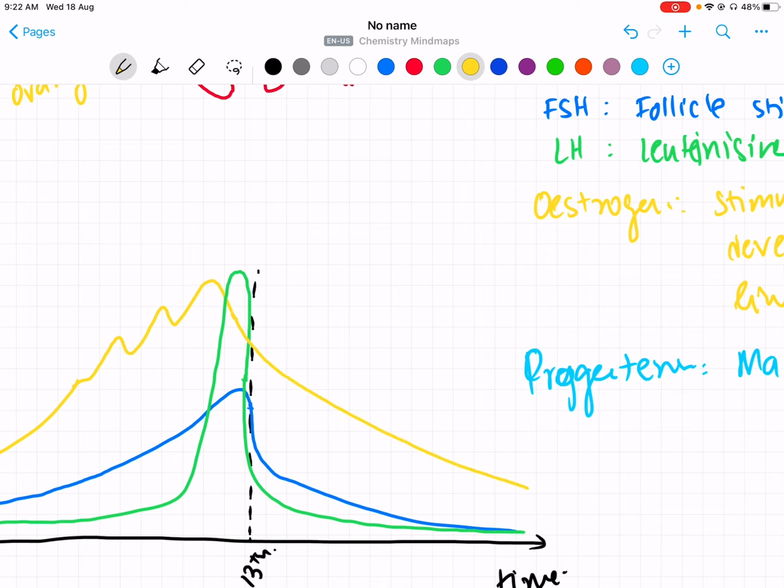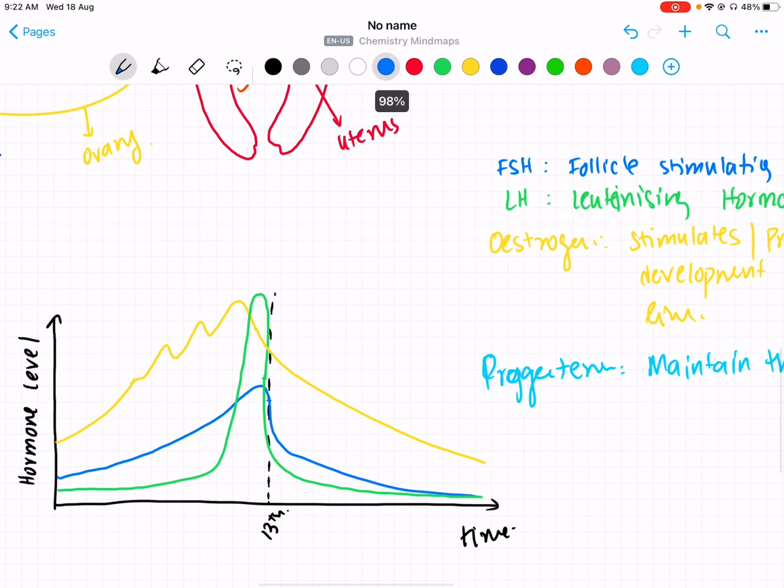So here we are. Progesterone, like I said, was very low initially, and then when LH spiked, progesterone began to spike too. Then it would be really high and then decrease.